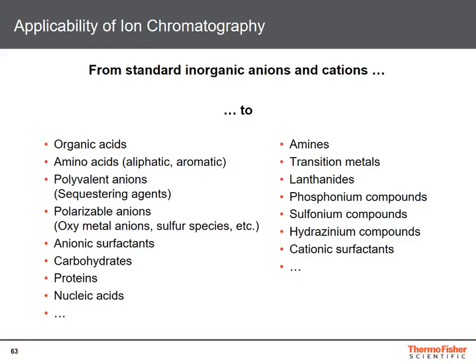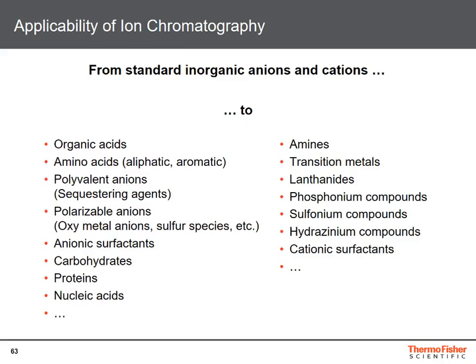We should not forget that up to the present day, the highest resolution separations of carbohydrates and proteins are done by ion exchange chromatography. On the right side of this slide, you see a few examples for cationic species.